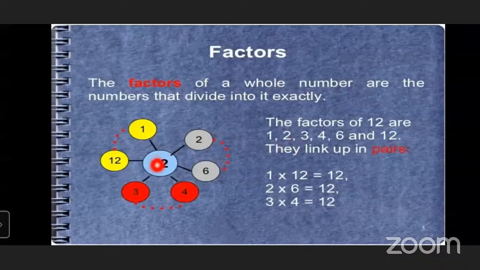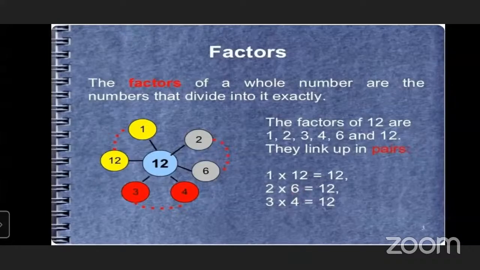So 1 multiplied by 12 is 12, 2 multiplied by 6 is 12, 3 multiplied by 4 is 12. It means these are the different factors that make the number 12. Are you getting it?